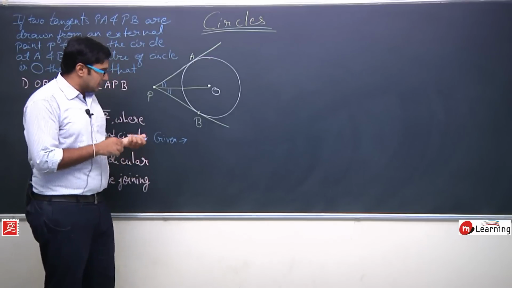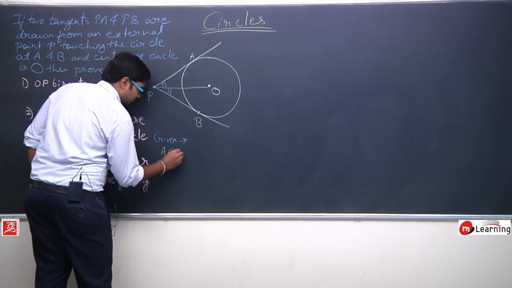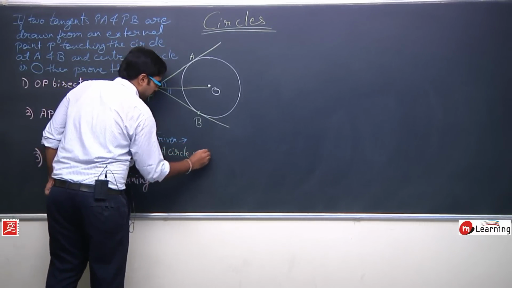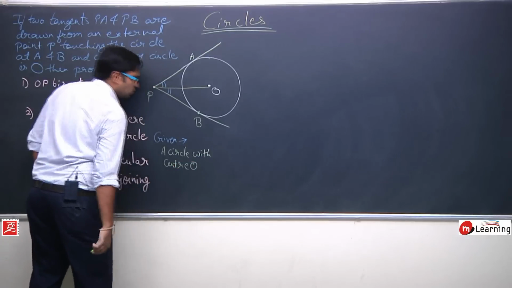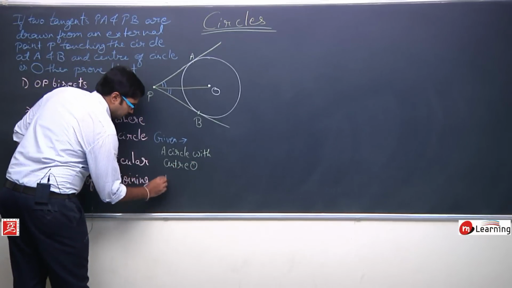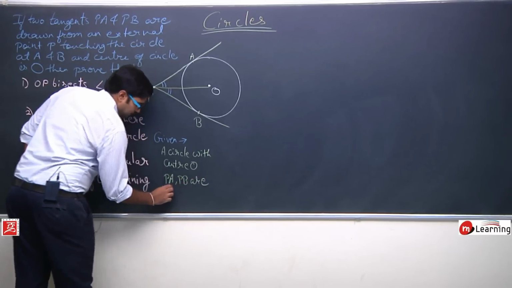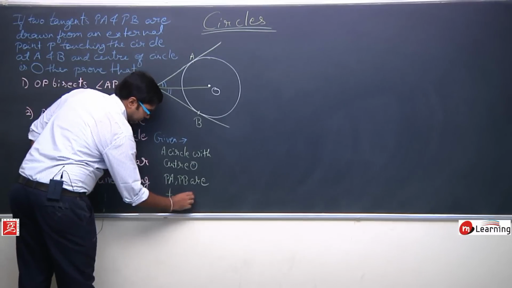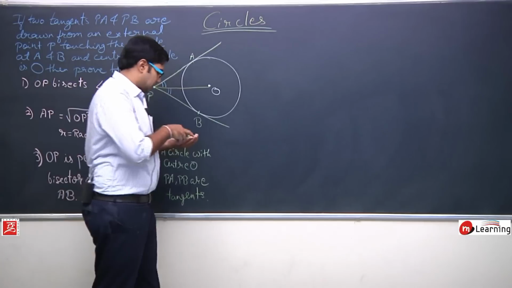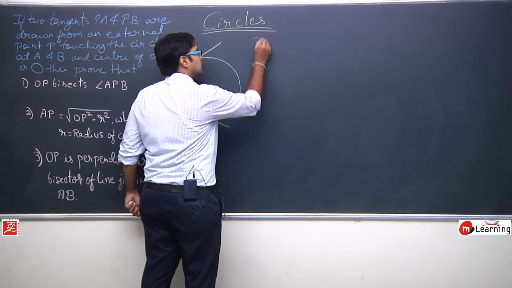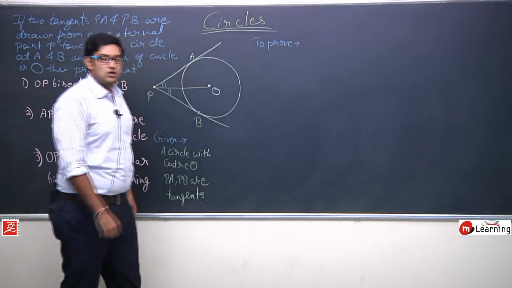Okay, so the given condition is a circle with center O. Then PA and PB are tangents. PA, PB क्या है? इसके tangents हैं. Then proof क्या करना है? So to prove, now what we need to prove?